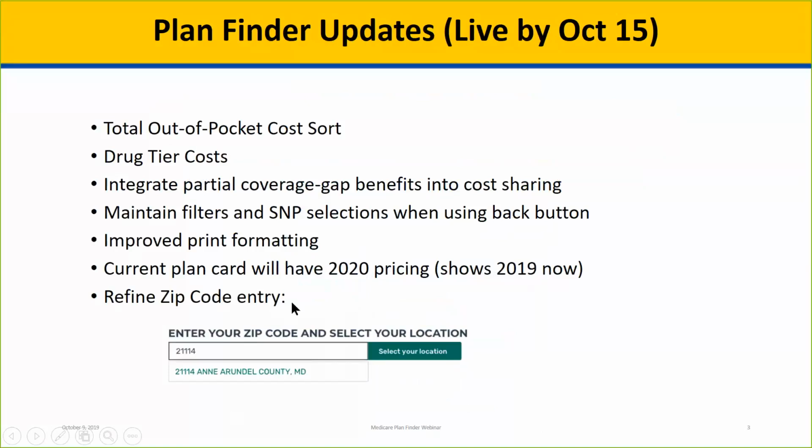So this is what we're doing down here. You always put in your zip code, and if that zip code covers more than one county, then both counties will be below, and you click on the county that you live in order to get the proper result. And that update will be in place by October 15th.